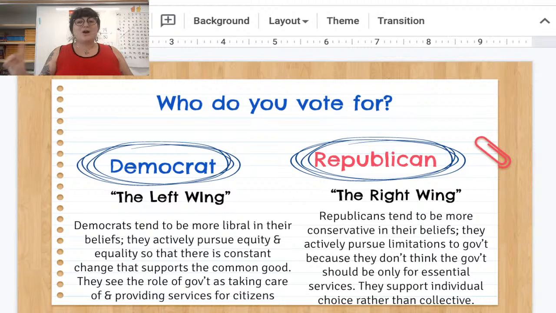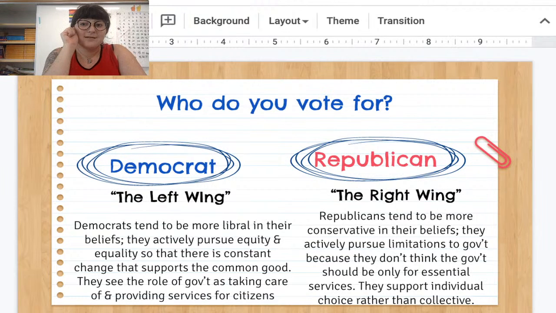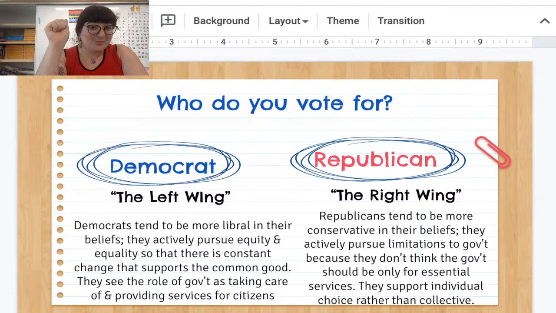So, knowing this, your takeaway for today is, number one, ask your parents, ask your family, how are you voting? Will you be voting by ballot, in person, or absentee this year? Ask them if you can look at the ballot, if they have an absentee ballot at home with you. And ask questions. Why are we voting for this person over this person?